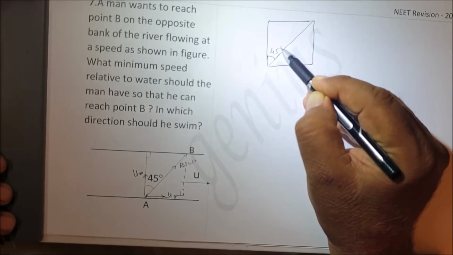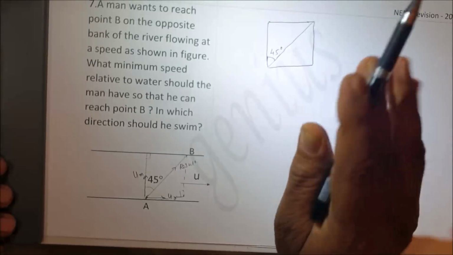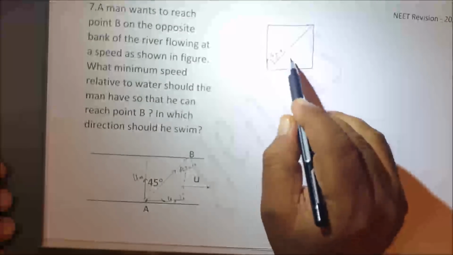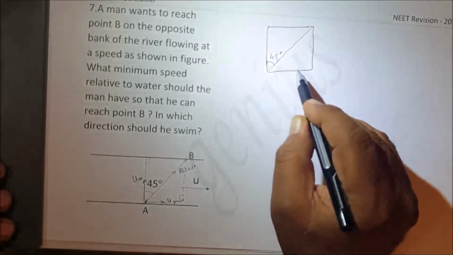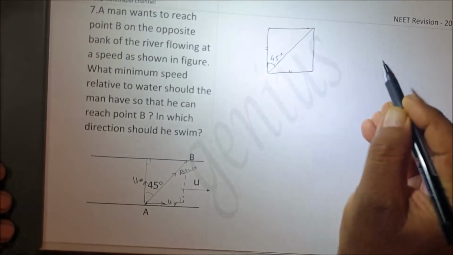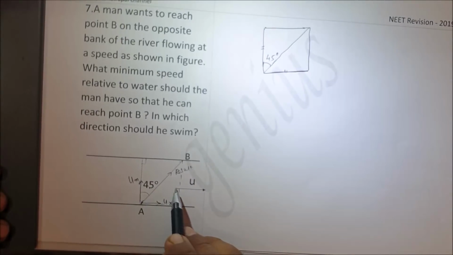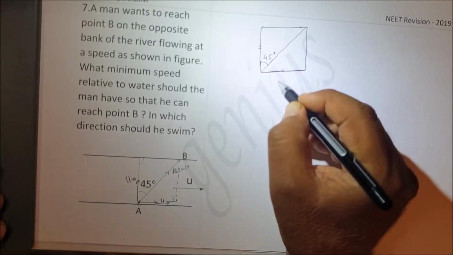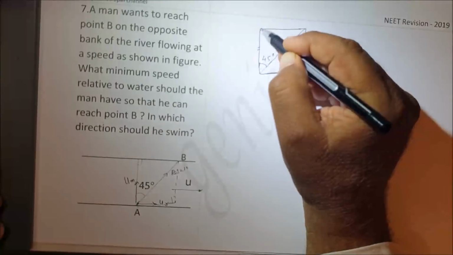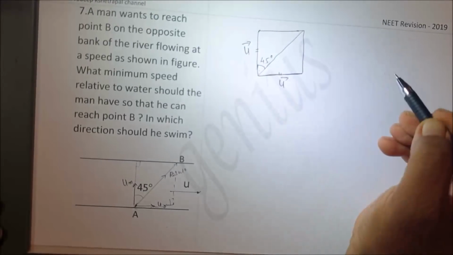If it is a rectangle, then this angle will be either more or less. So it has to be a square. What is the property of the square? That these two sides are equal to each other. So if this side has magnitude U, then what should be the magnitude of this? This is also U. Then only it is 45.